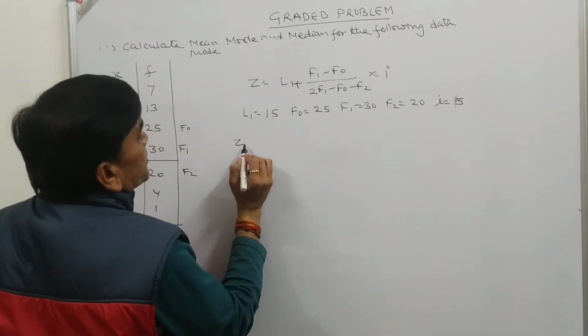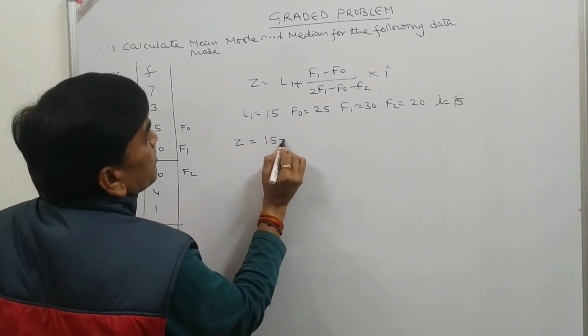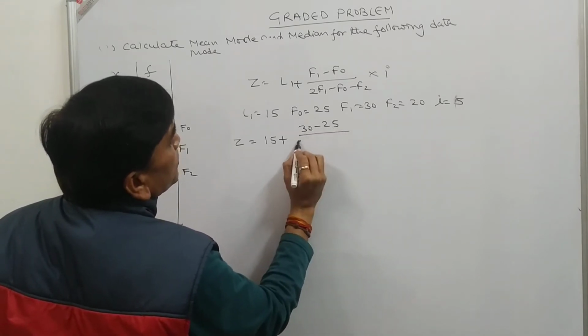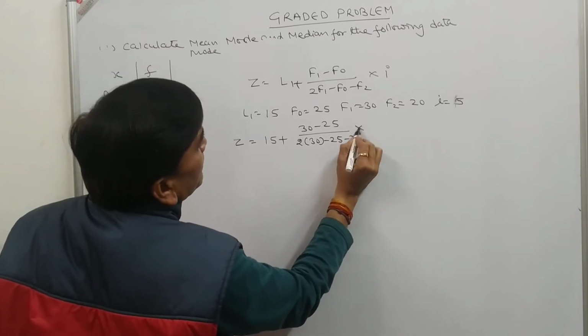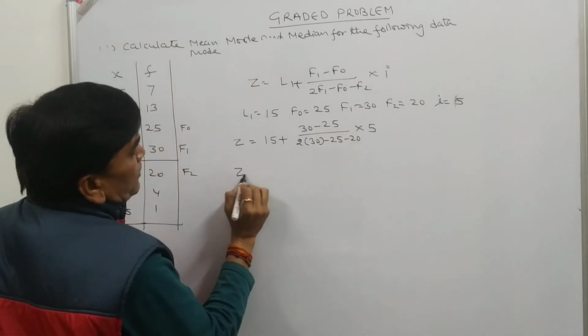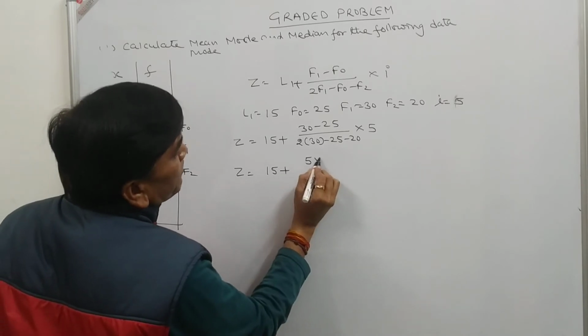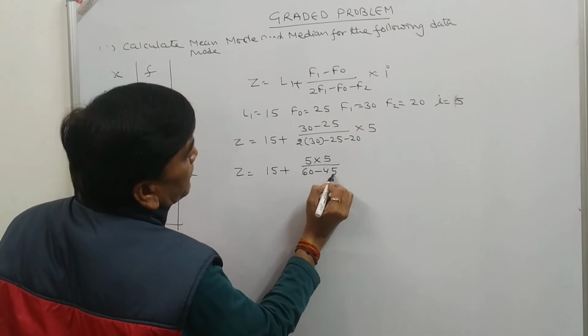So the value of Z will be 15 plus (30 minus 25) upon (2 multiply 30 minus 25 minus 20) multiply by 5. So the value of mode will be 15 plus 5 multiply 5 upon 60 minus 45.